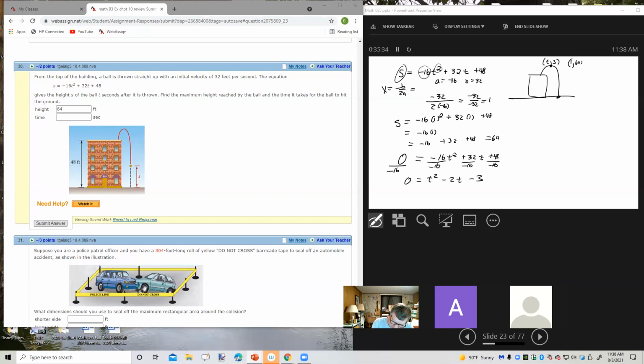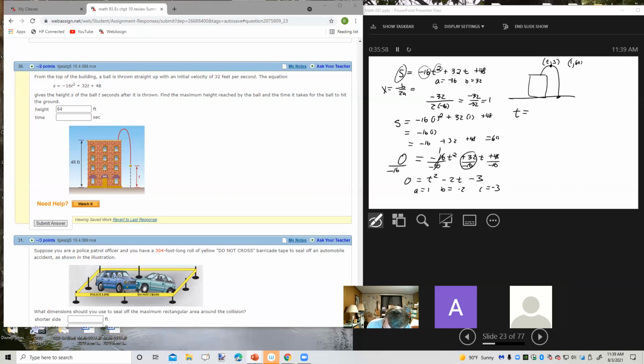So negative 16 over negative 16 reduces to 1 over 1. 1 times t squared is t squared. 32 over negative 16 is negative 2. 48 over negative 16 is negative 3. So now I've got a is 1, b is negative 2, and c is negative 3, corresponding to my quadratic equation.